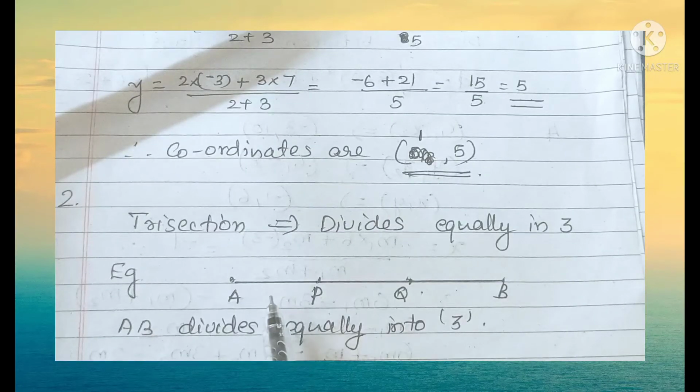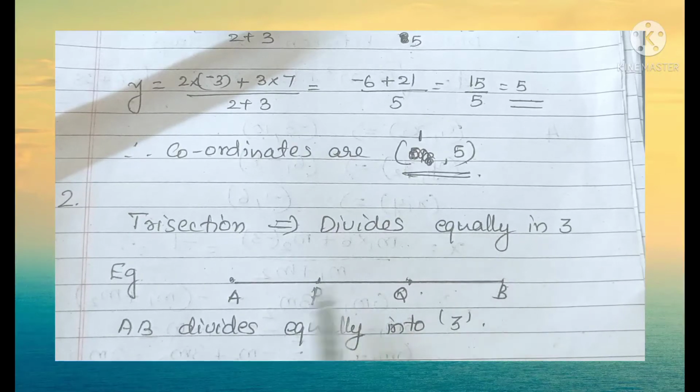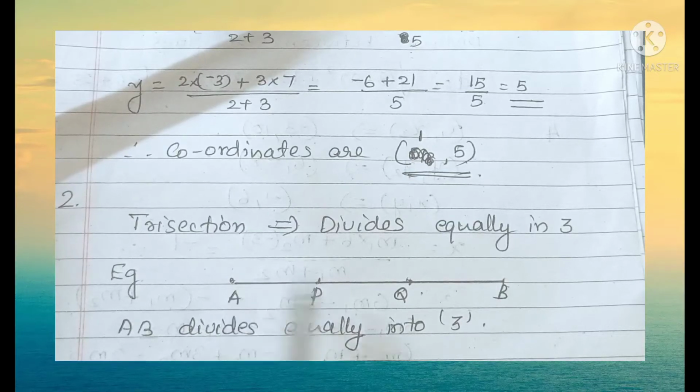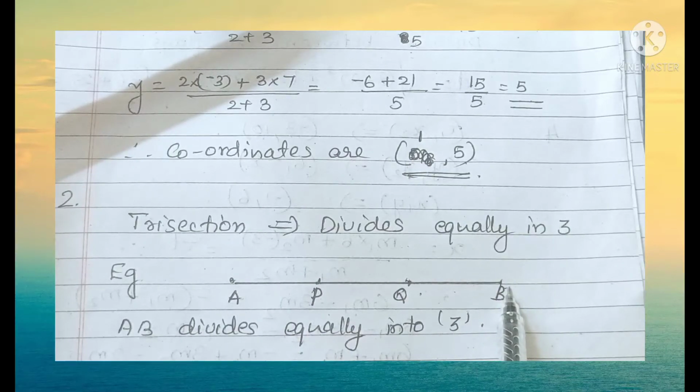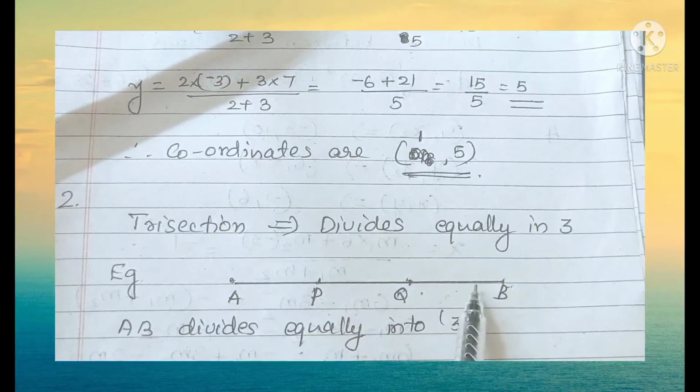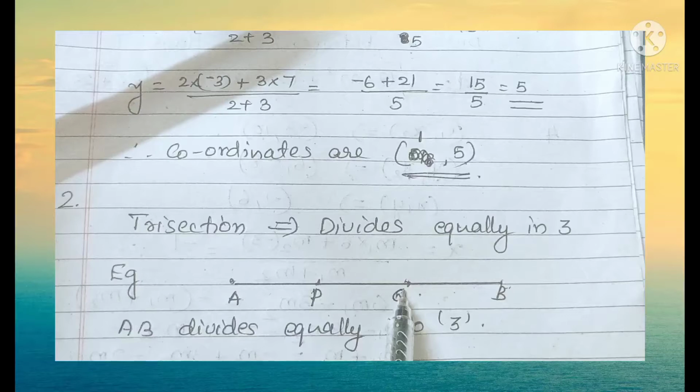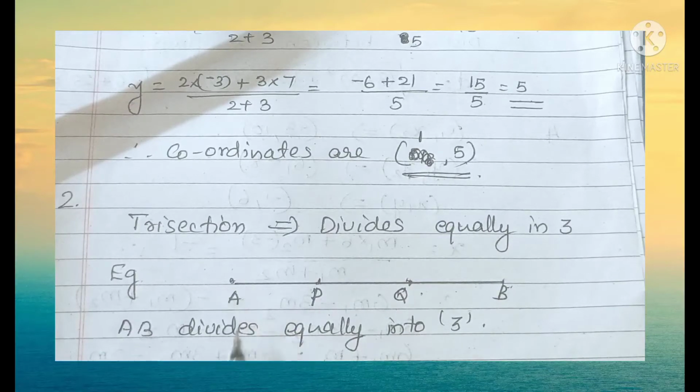In the second question, it is given that the line segment divides into 3 equal parts. That is, we want to find the coordinates of the points of trisection of the line segment. Here, let us consider the line segment AB. It is divided into 3 equal parts. That is, P and Q are the 2 points, and AP equal to PQ equal to QB.